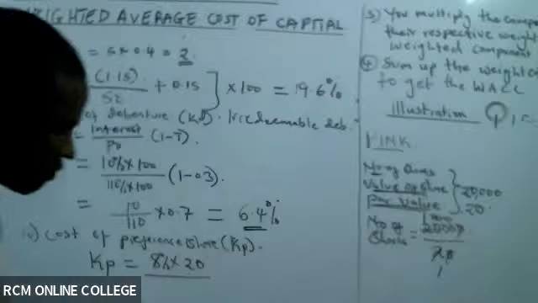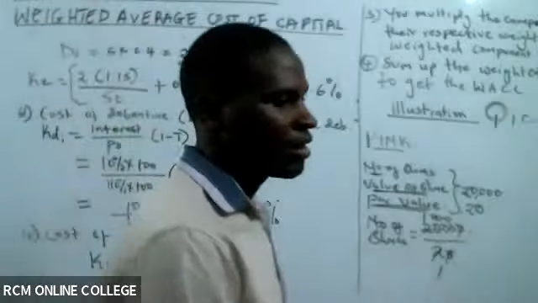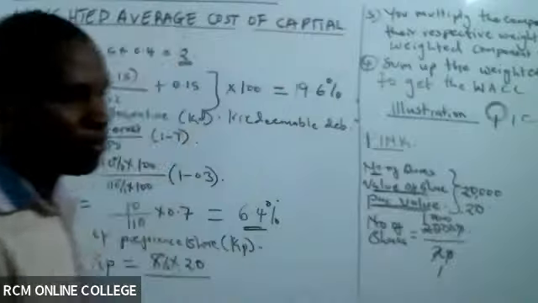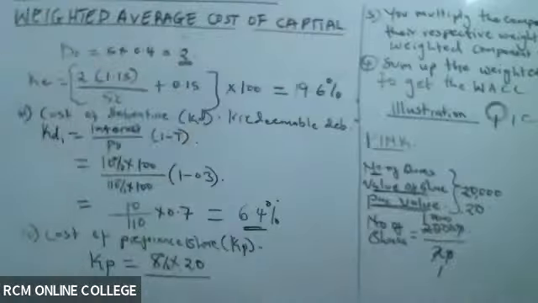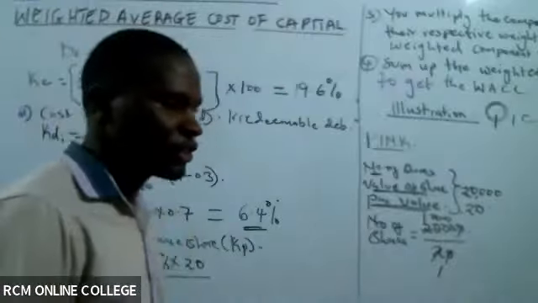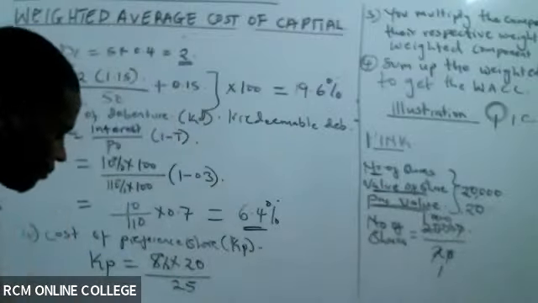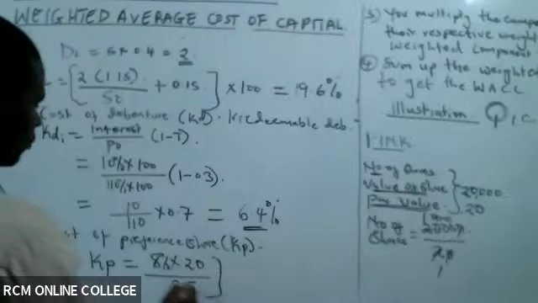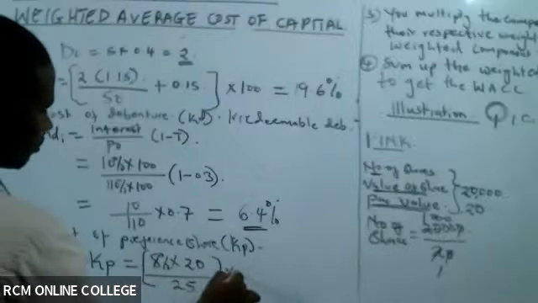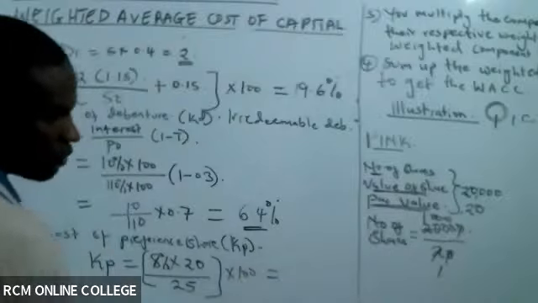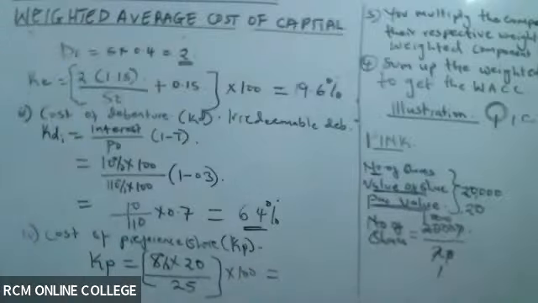What is our market price of preference share? Just check the additional information: 25. Whatever you get, you multiply by 100. So what is our Kp? Somebody give us our Kp now, so that we move to our next step.